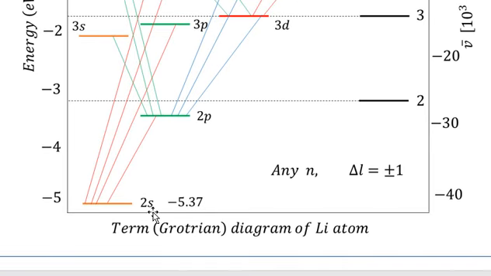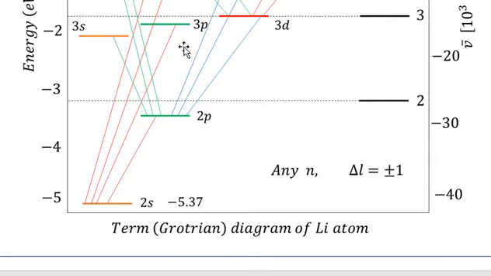S has L equal to 0, P has L equal to 1. If you take the difference from P to S, it is plus 1. If you take the difference from S to P, it is minus 1.